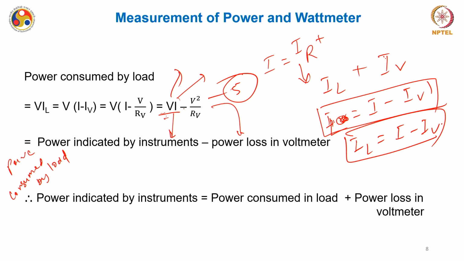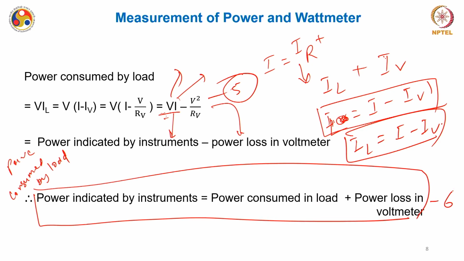If I again rearrange this equation, I can say that the power indicated by the instrument is equal to the power consumed by the load plus the power loss in the voltmeter. So this is equation 6.